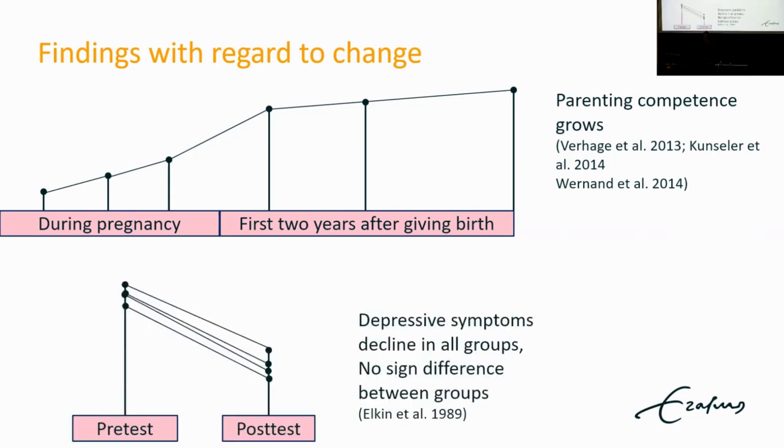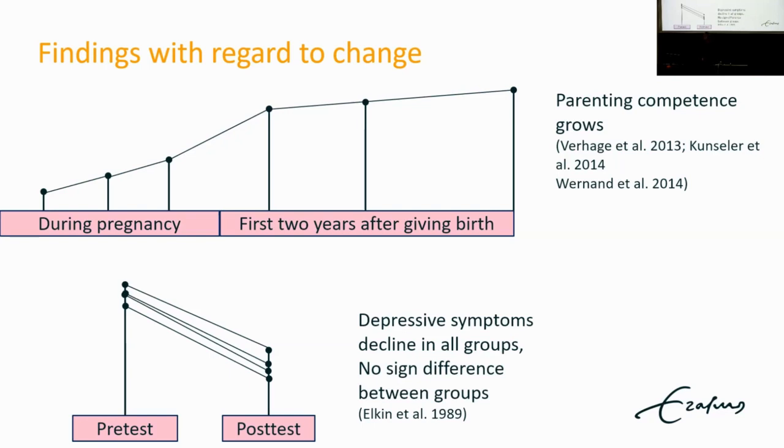And also in the context of randomized controlled trials, you have this interest in change. So for example, this is quite an old study where they looked at a randomized controlled trial comparing different psychotherapy groups and also a control group, and looking at change in depressive symptoms before the therapy and after, so pre-test and post-test measurements.